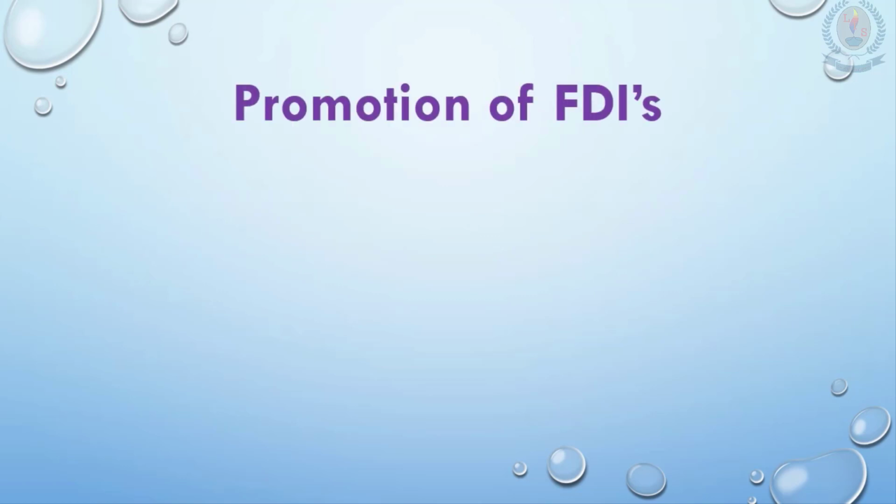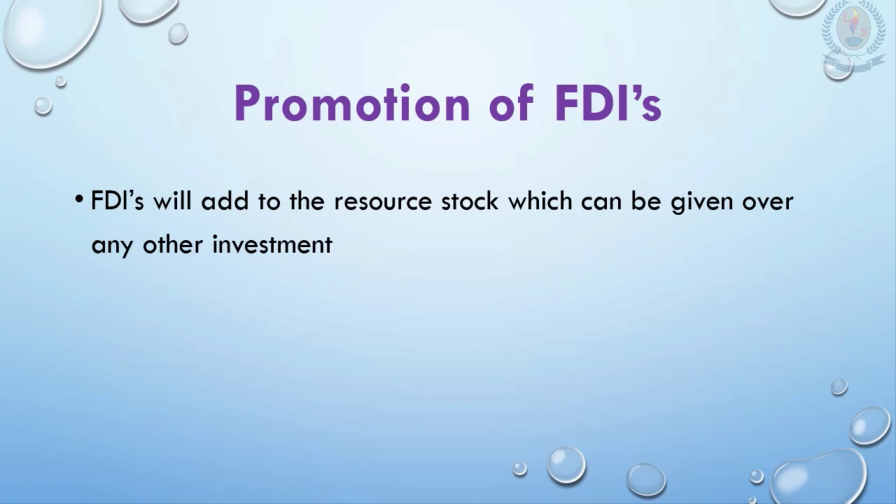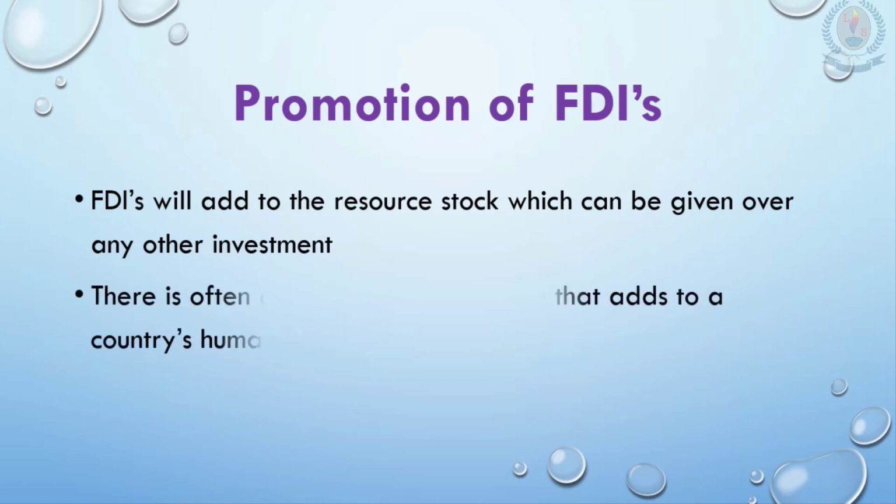Promotion of FDIs. FDIs relates to foreign direct investments. Foreign direct investment can help to remove some of the constraints on economic growth and development. For example, FDIs will add to the resource stock which can be given over any other investments. The income that the country receives from FDI will be very valuable to the economy despite all the other investments.